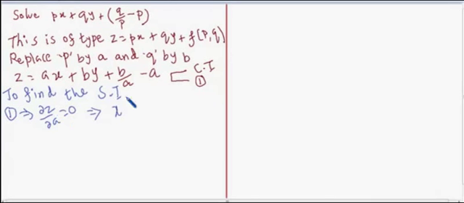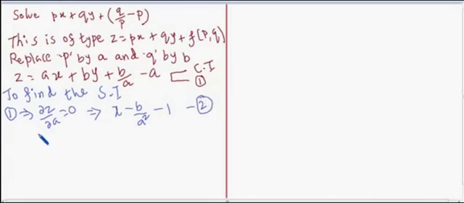In the third term, b is a constant and the differentiation of 1 by a is minus 1 by a squared. And the final term is minus a, whose differentiation is minus 1. This is taken as equation number 2.